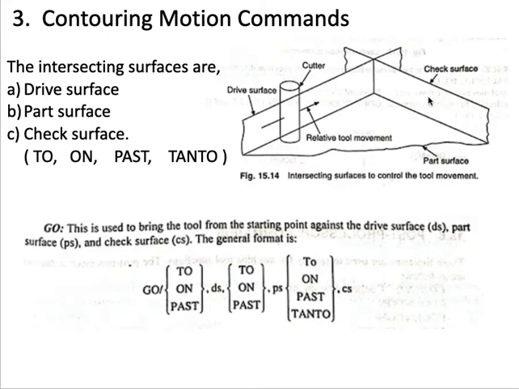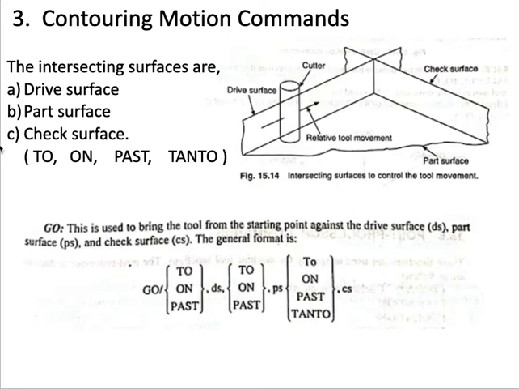The tool is directed along two intersecting surfaces, as we can see here. The intersecting surfaces are the drive surface, which is the surface that guides the side of the tool, and the part surface, which is the surface on which the bottom of the tool rides.